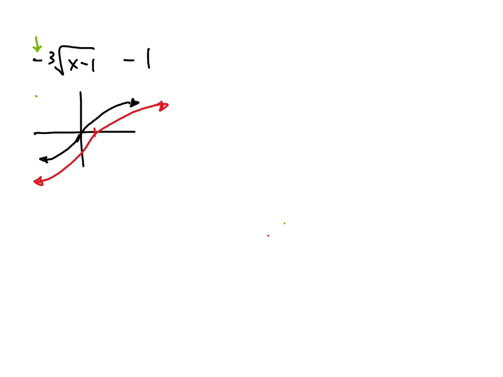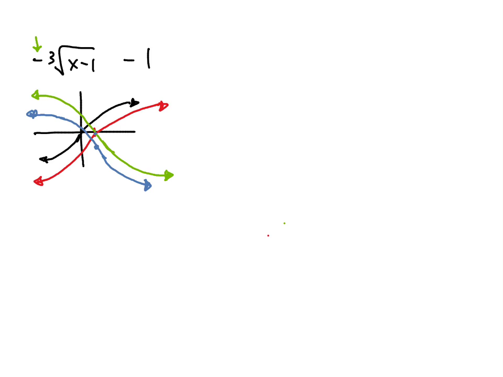So now something looks like this. Use my graphing skills. And then 1 down. So from here, 1 down. Hopefully you got something that looks like that. Okay.